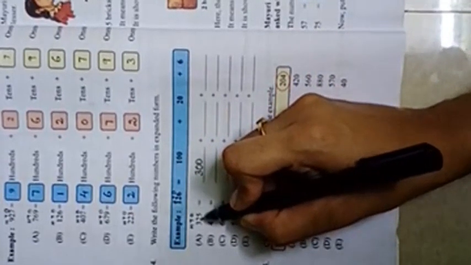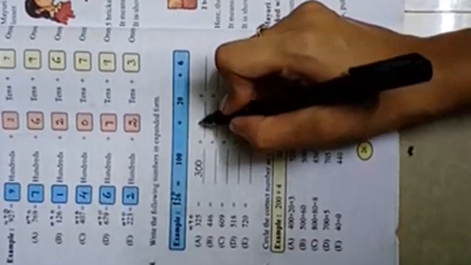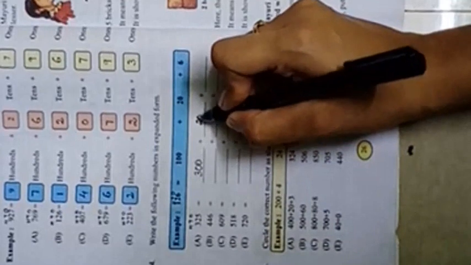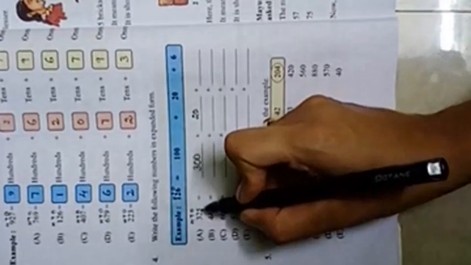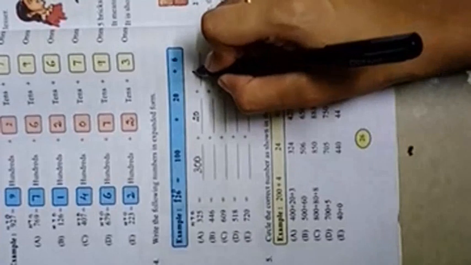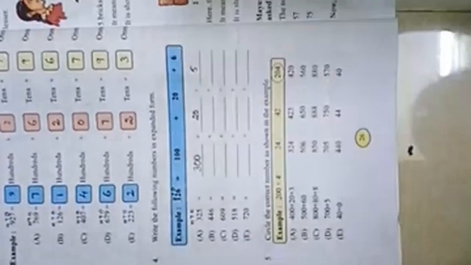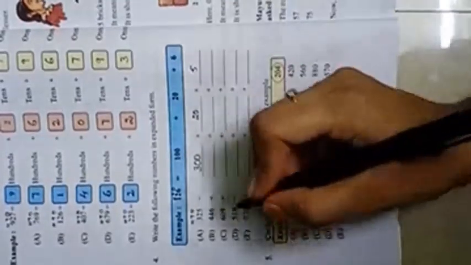There are 2 tens. 2 tens means how many? 10 plus 10, so 2 tens are 20. Next, how many ones are here? There are 5 ones. 5 ones are 5. Easy, no, children? Yes, it is very easy.